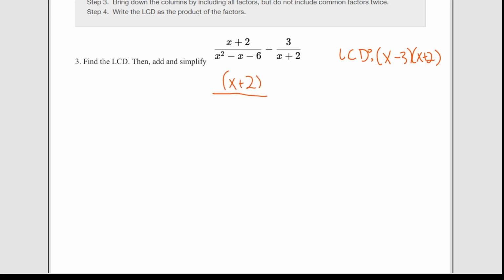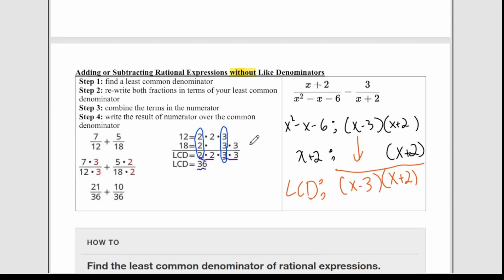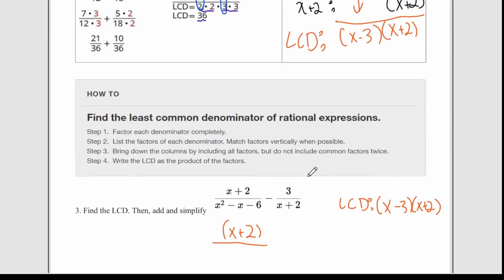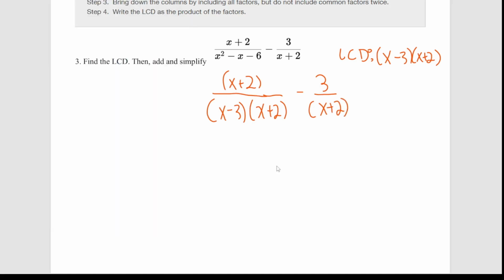So that first one is x plus 2, yes, times x minus 3. So we have x plus 2 times x minus 3 times x plus 2 minus 3 over x plus 2. Then we're going to have to convert these to have the same common denominator.